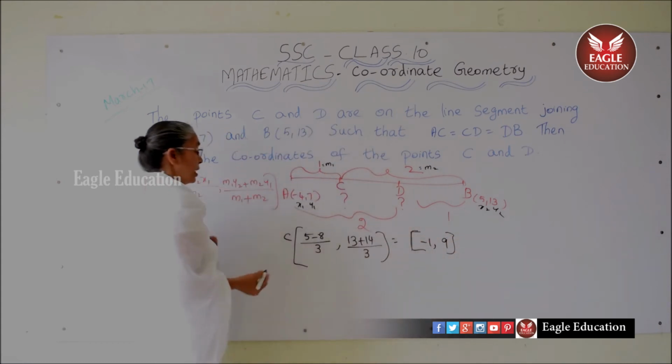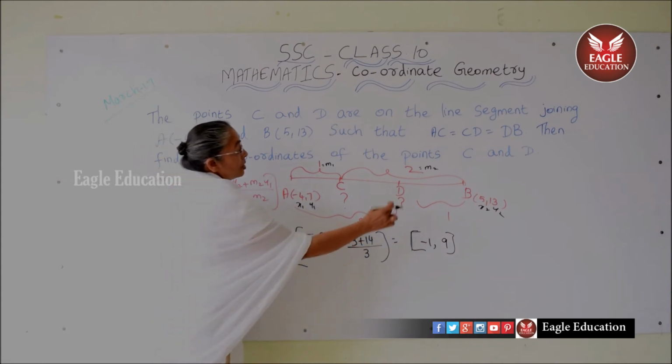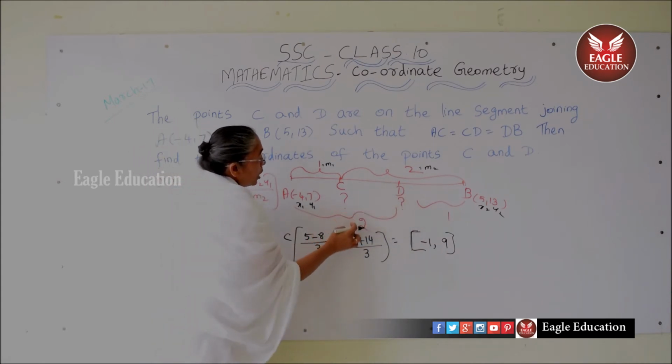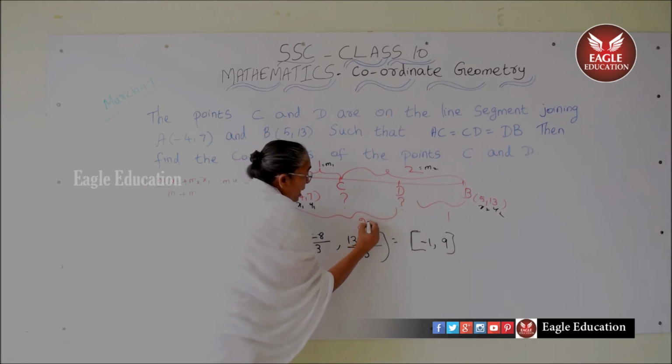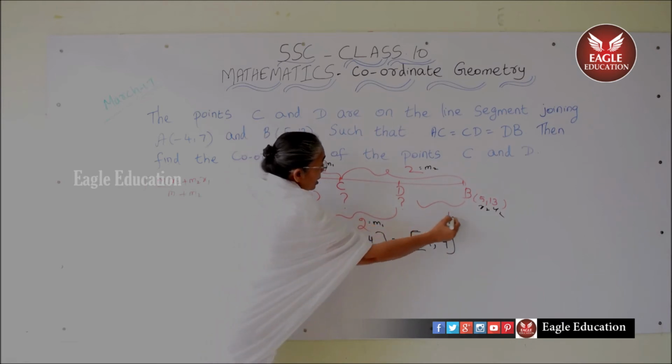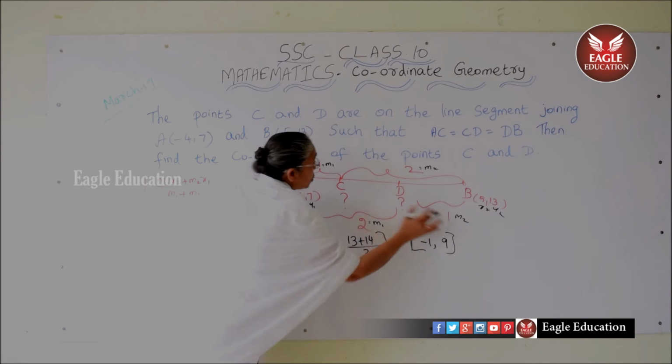Now similarly let us find the coordinates of the point D. While finding the coordinates of the point D, m1 to m2 ratio is 2:1.